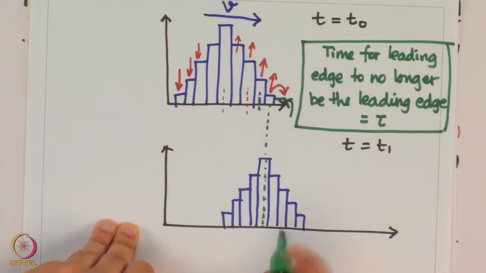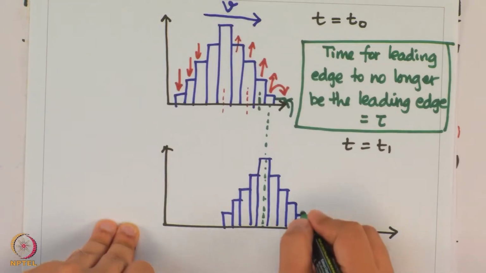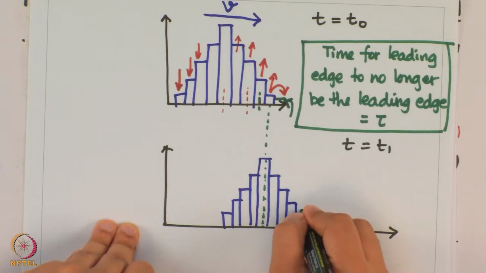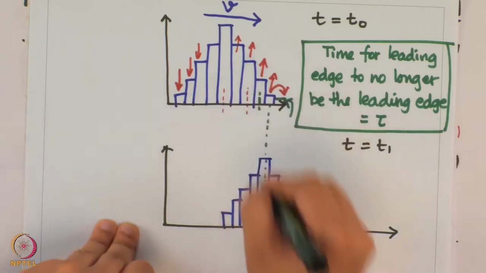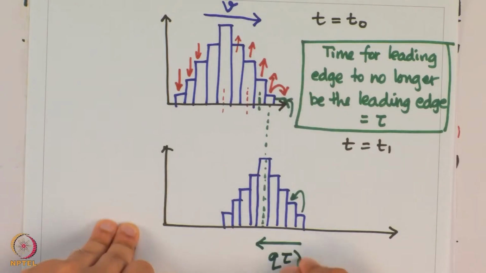If that is the case and it needs tau units of time to move back one step in this distribution, the number of units that it is going to take for the leading edge to become the mean is going to be q such units, and hence this transition will happen in q tau units of time.